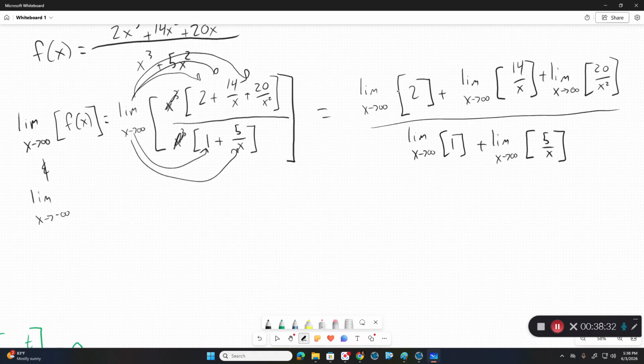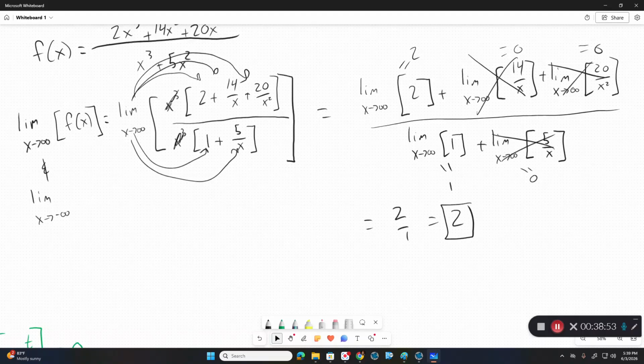And remember our rule. This term is a constant, 2. Something over a power of x, gone. This term is 0. Something over a power of x, gone. This term is 0. Constant, 1. Power over x, 0. What do we get? 2 over 1, so the answer is 2.